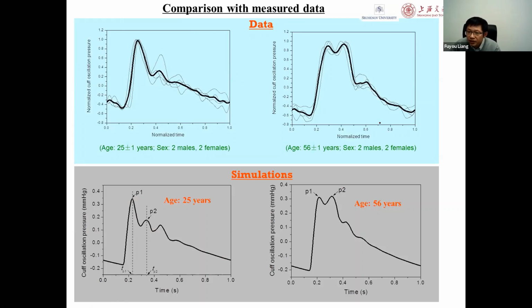From these figures, you can see that there are some very specific changes in cuff waves during aging. For example, from young subject to old subject, you can see the second peak increase relative to the first peak, right?